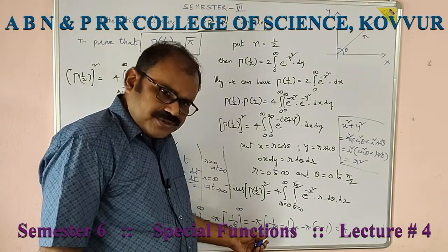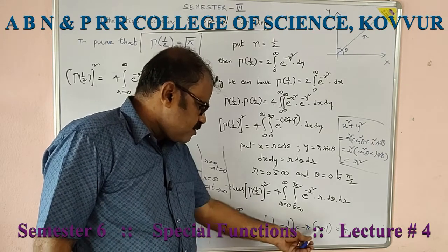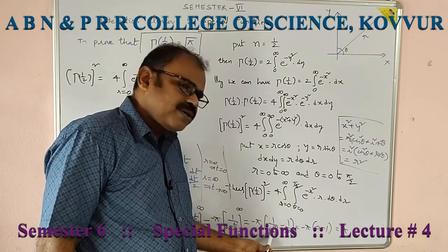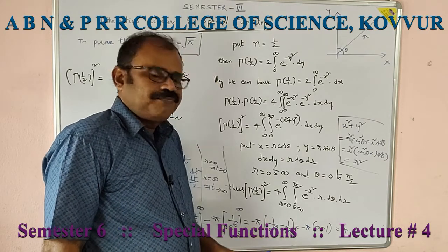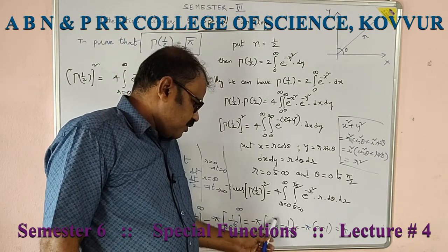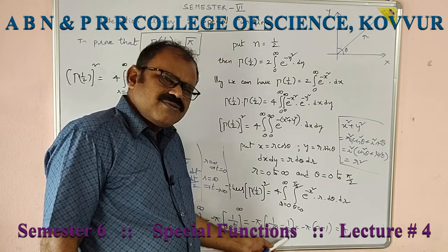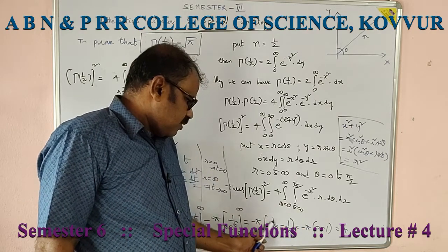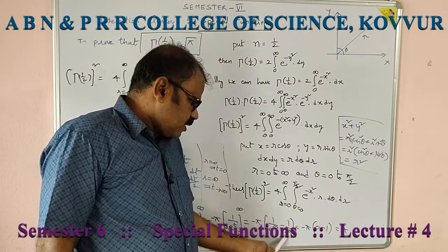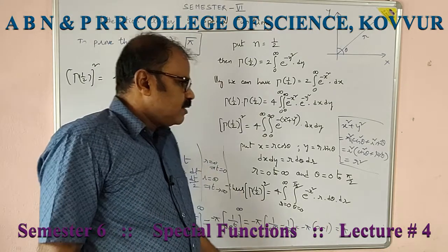As e power infinity is infinity, this is 1 by infinity and this became 0. The denominator is infinity, 1 by infinity is 0. So 1 by e to the power of 0 is 1. So minus pi into minus 1, that is pi.